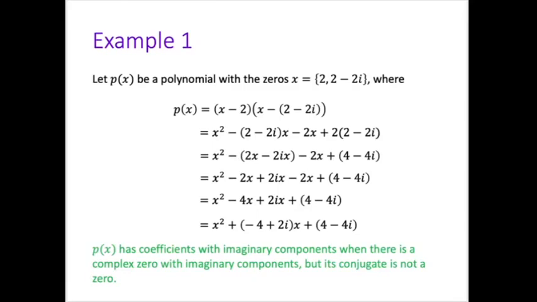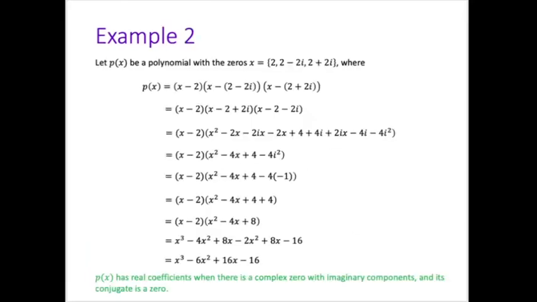Let's look at another case with example 2. This time, let p of x be a polynomial with the zeros x equals 2, 2 minus 2i, but we also have its conjugate, 2 plus 2i. So this is a different type of case, where p of x is equal to the quantity x minus 2 times the quantity x minus 2 minus 2i times the quantity x minus 2 plus 2i.